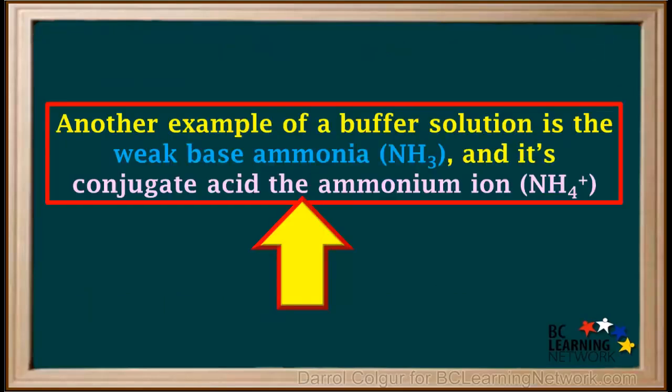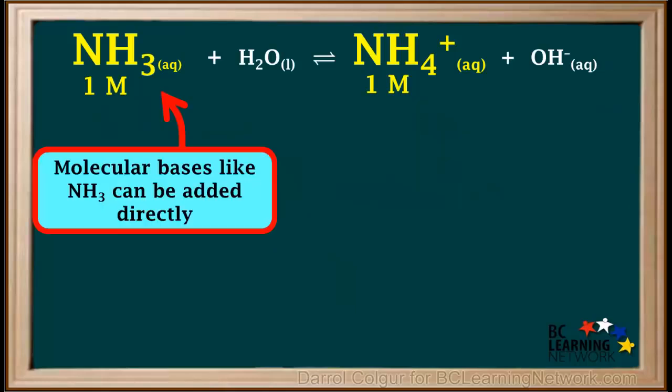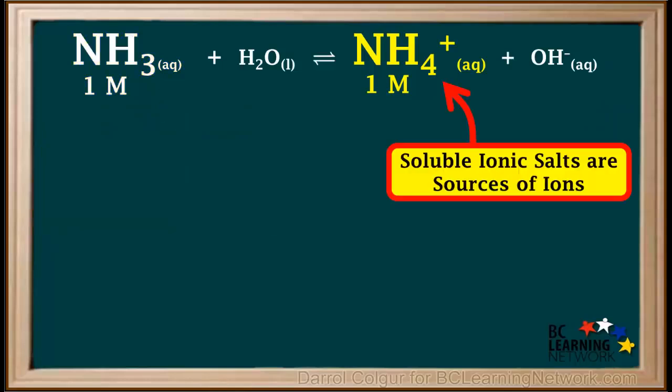Another example of a buffer solution is the weak base ammonia, NH3, and its conjugate acid, the ammonium ion, NH4+. Here's the equilibrium equation for this buffer solution. Molecular bases like NH3 can be added directly. Again, soluble ionic salts are sources we can use for ions in the buffer solutions.